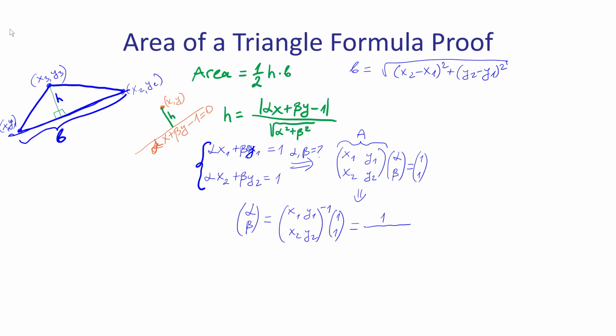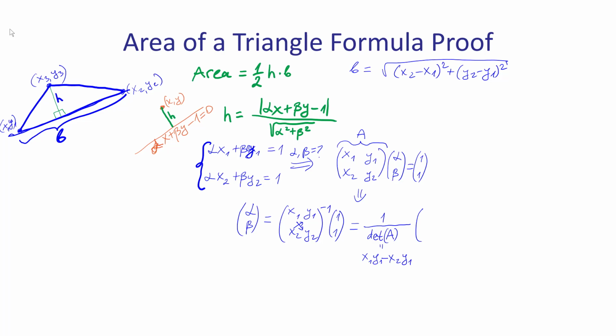This is 1 over something called the determinant of A, and the determinant of A is basically x1 multiplied by y2 minus x2 multiplied by y1. So this is just the cross multiplication of this one by this one minus the cross multiplication of this one by this one inside of the matrix.